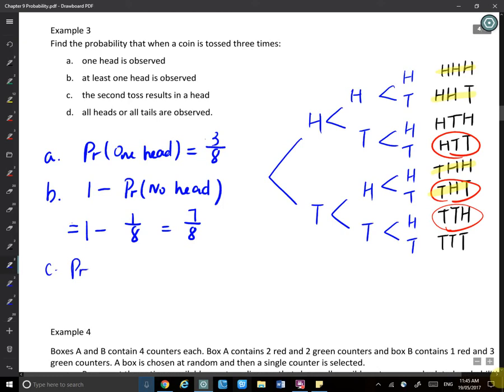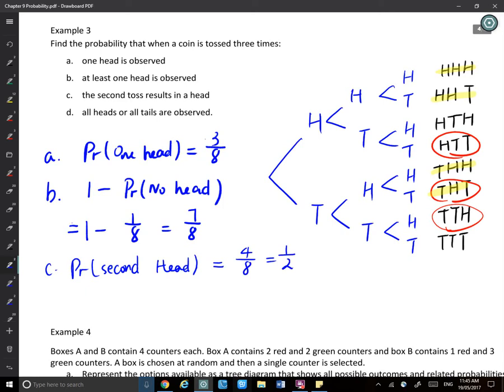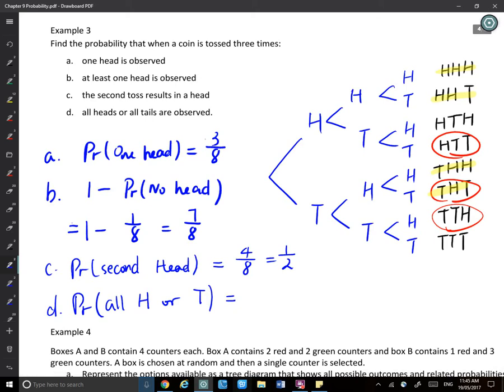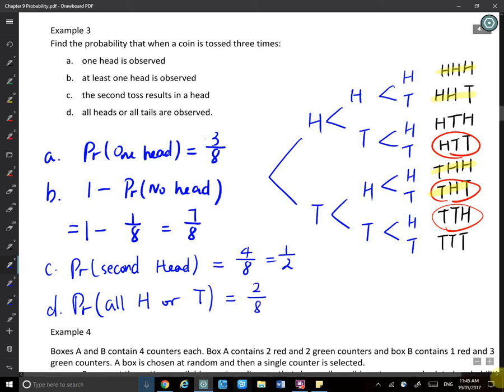So the probability of a second head is 4 out of 8. D, all heads or all tails. How many cases do you have all tails or all heads? 2. 2 out of 8 is 1 on 4.